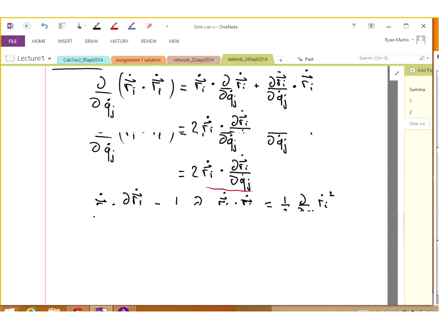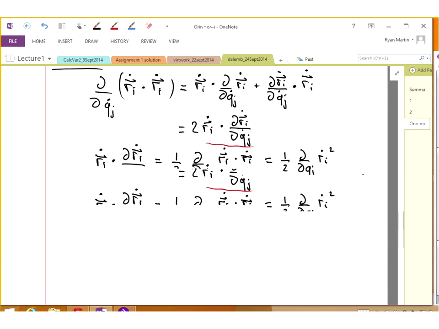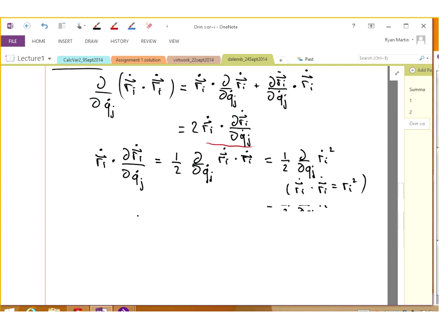Similarly, with the exact same math, you can write that r_i dot dotted with ∂r_i dot/∂q_j is equal to a half ∂/∂q_j of r_i dot squared.